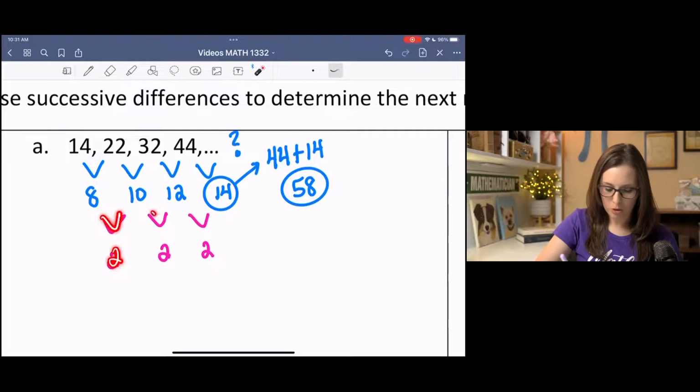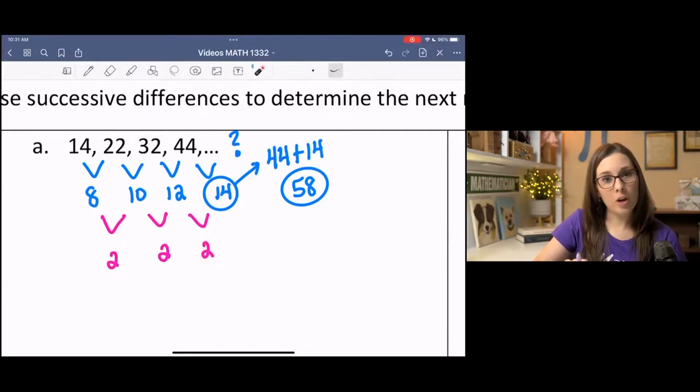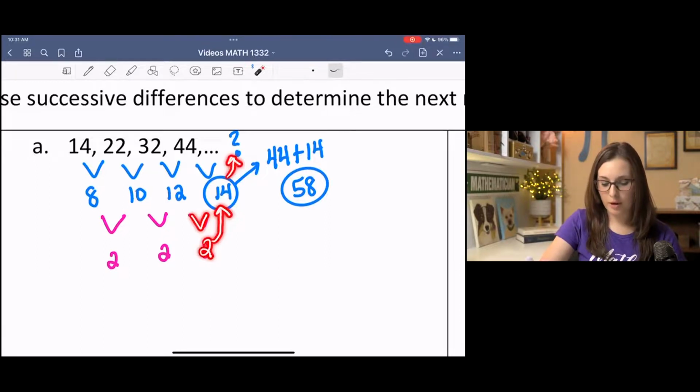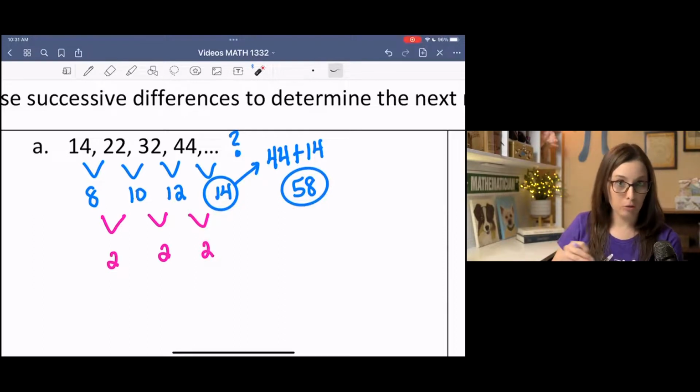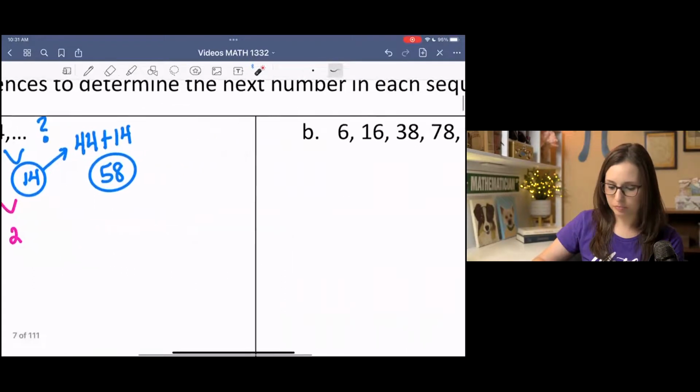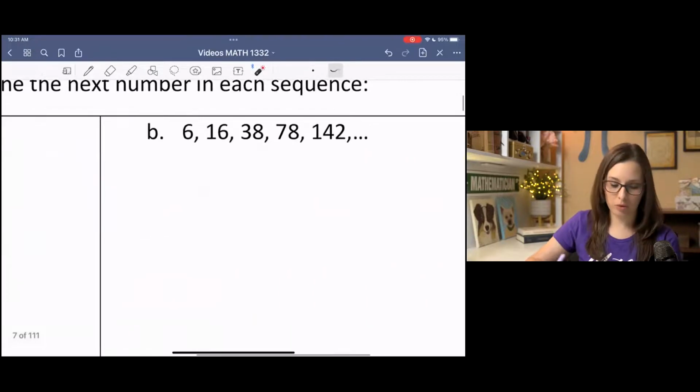So up 2, up 2, up 2. All right, so now we have a common difference, and now we know that it's 2. That gave me this blank, 14, which gives me this blank, 58. So now I'm going to show you walking through that in case you didn't catch it in this next example.